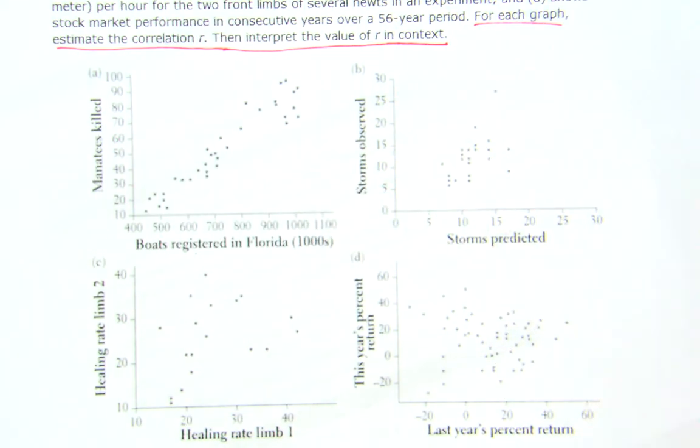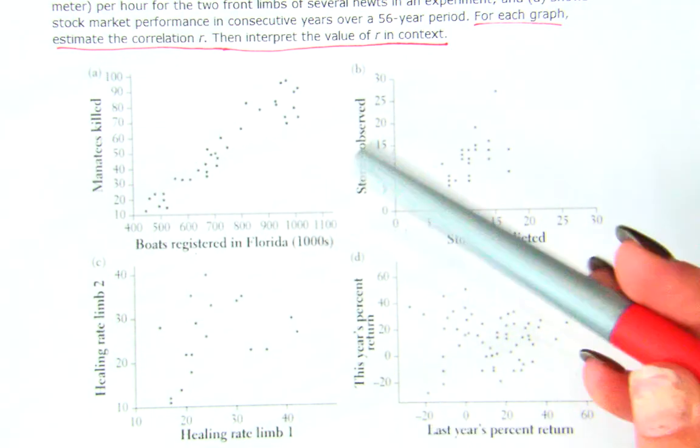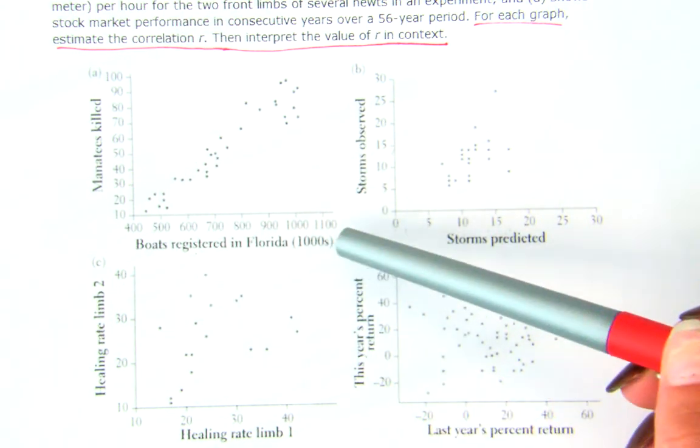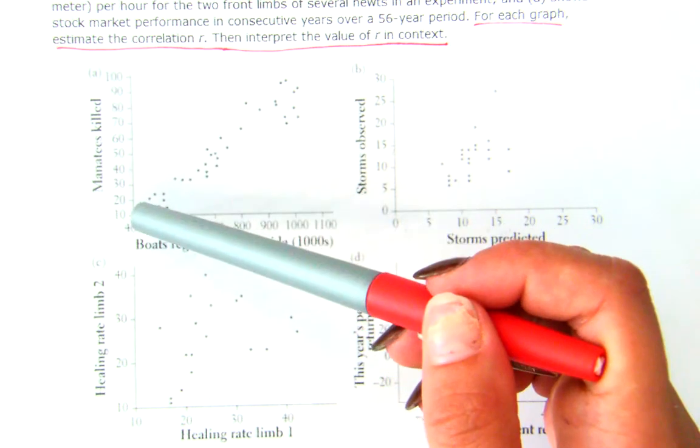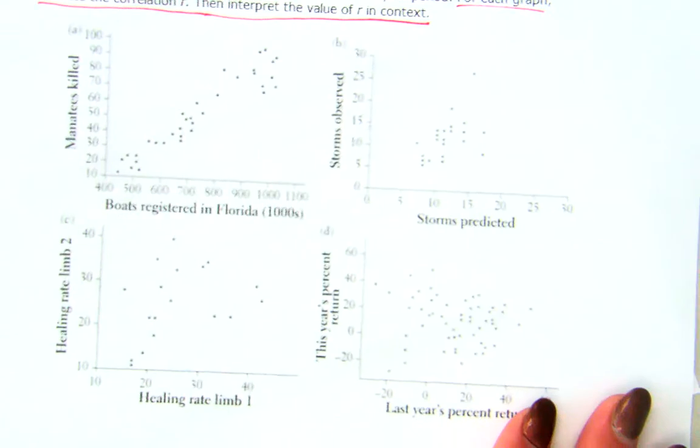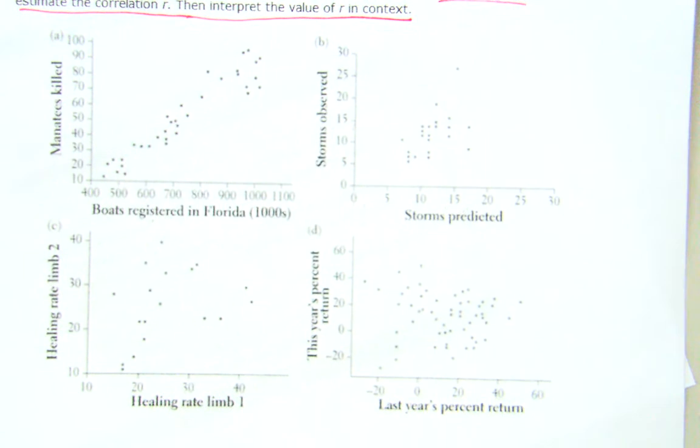Is it moderately strong? Is it a positive association, negative association? You want to talk about whether there is somewhat of a relationship between your explanatory variable and your response variable. All right.